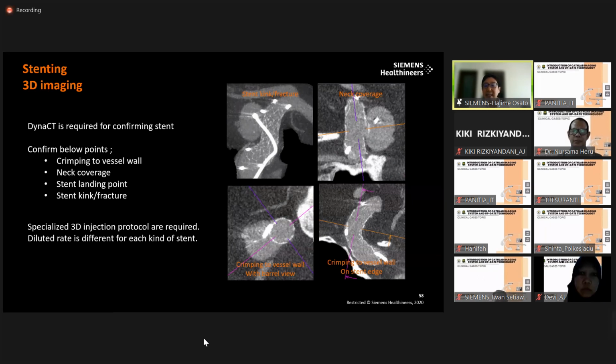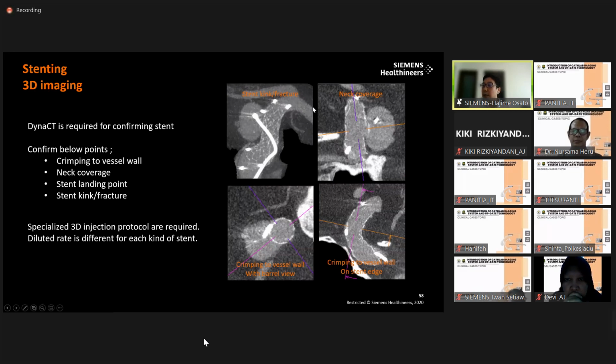In the stent 3D, confirm these points: stent crimping to the vessel wall, neck coverage, stent landing point, and stent kinking or fracture. Diluted contrast medium is required for stent 3D, and the rate depends on the kind of stent.